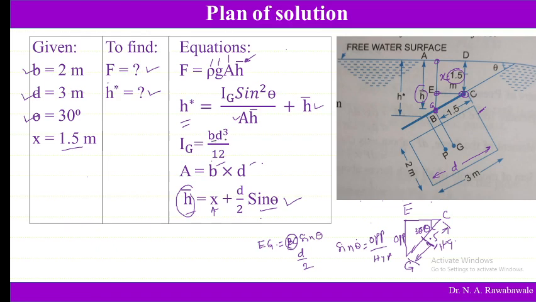So we know b, we know d, this 12 is constant, we can find out Ig, moment of inertia about the line passing through center of gravity. If we know Ig, we can substitute it here, we can find out H star. So very first we have to find out A, Ig and H bar, then we can use F and H star equations. So let us solve it one by one.